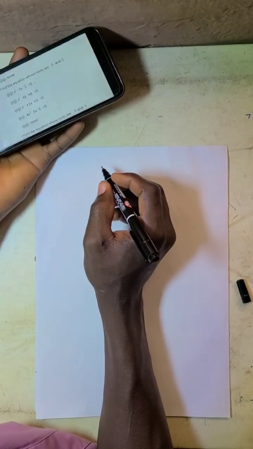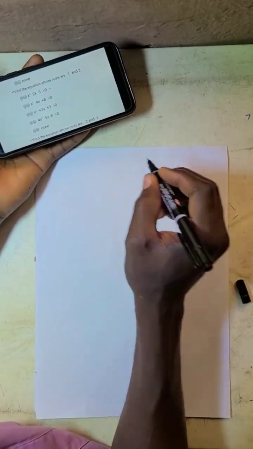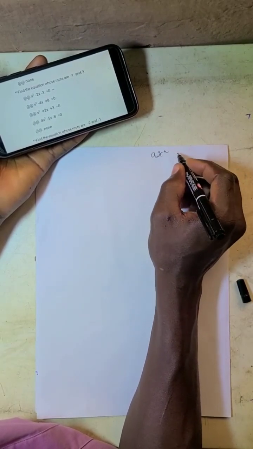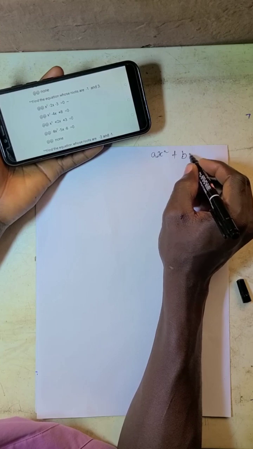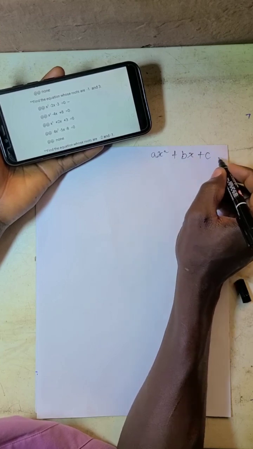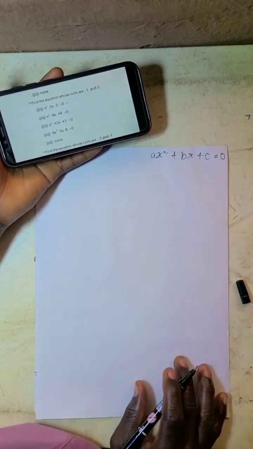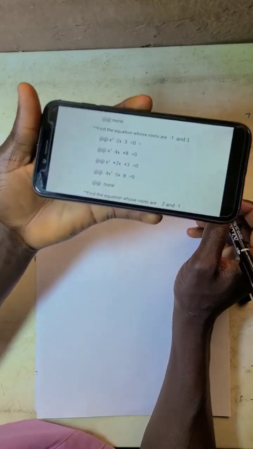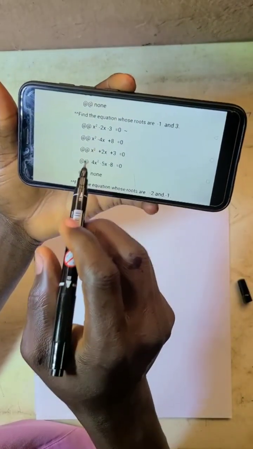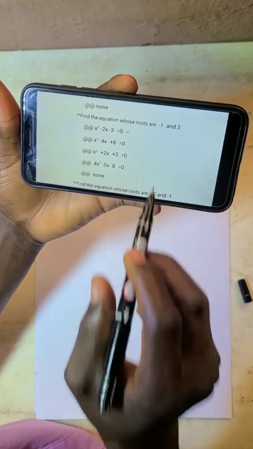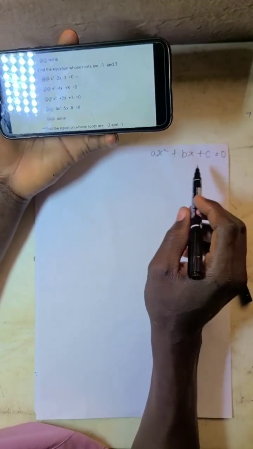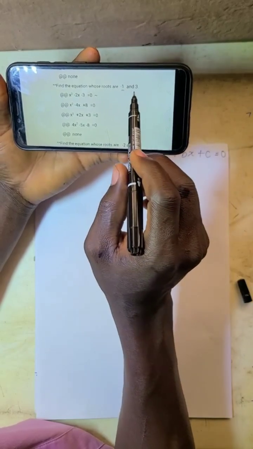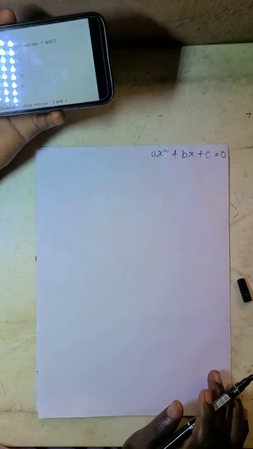A quadratic equation comes in this form: ax squared plus bx plus c is equal to 0. Now, if you look at our objective, these are the answers they have given us. So they want us to generate a quadratic equation whose roots are -1 and 3.